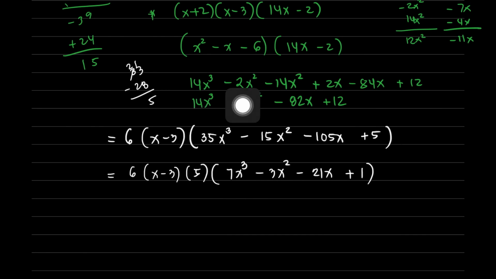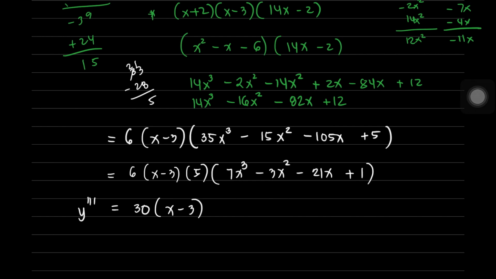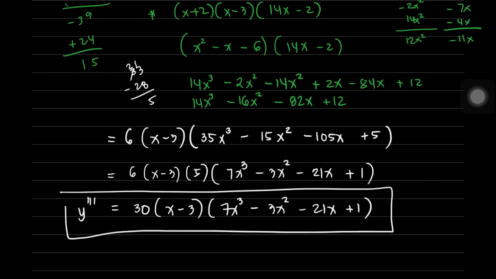And 6 times 5 is equal to 30. So y triple prime is now equal to 30 multiplied by x minus 3. Right? So that's x minus 3 multiplied by 7x cubed minus 3x squared minus 21x plus 1. This is now our final answer.